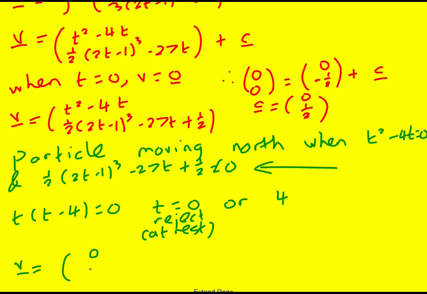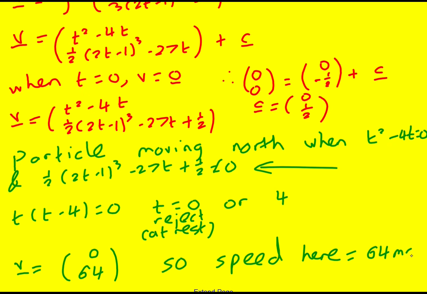And I get 64. So speed here, I don't need to do anything else, don't need to do Pythagoras because remember, it's moving north, it's just going to equal 64 meters per second.